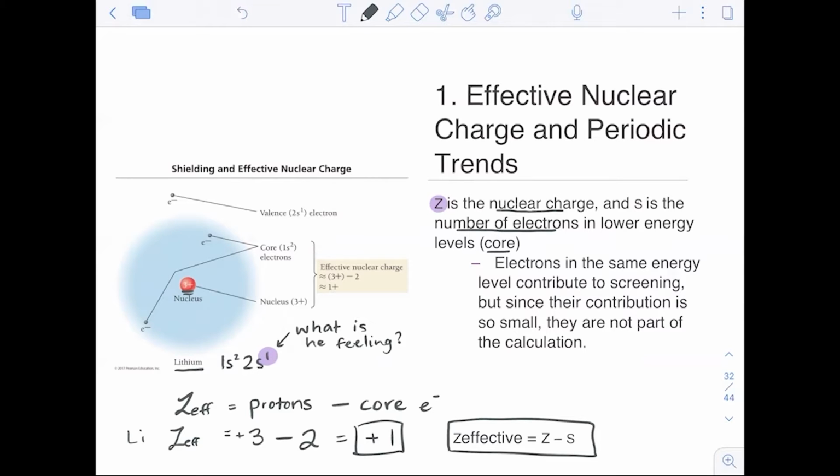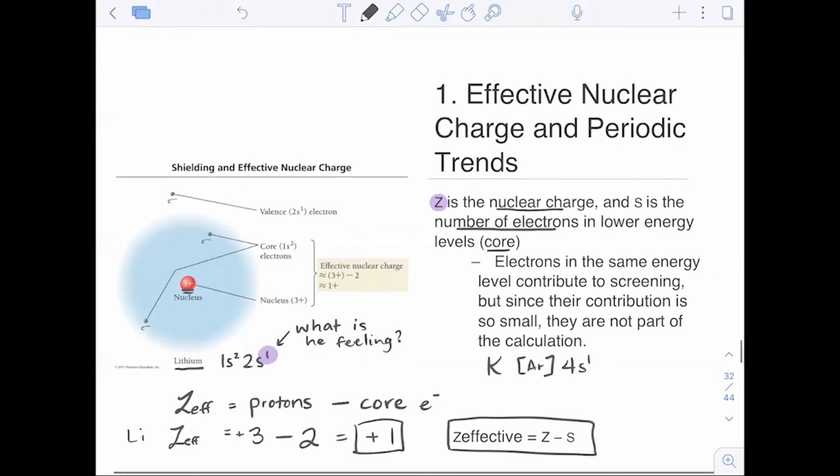Now, let's take another atom in that same family. Let's go to potassium. Potassium has an electron configuration, we'll do the noble gas configuration, argon 4s1.